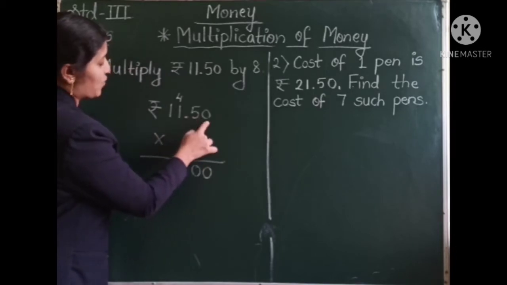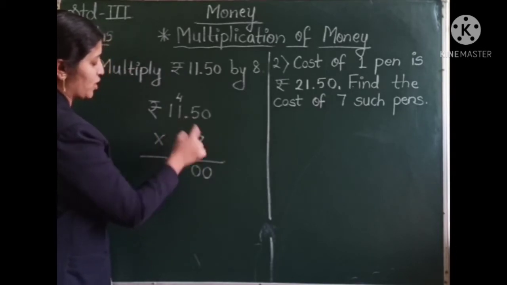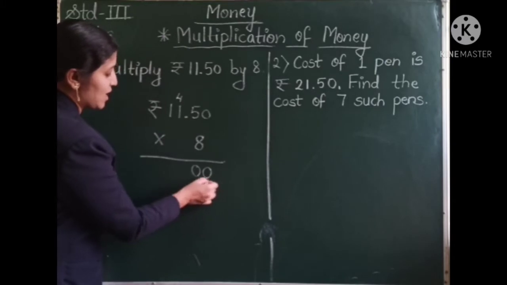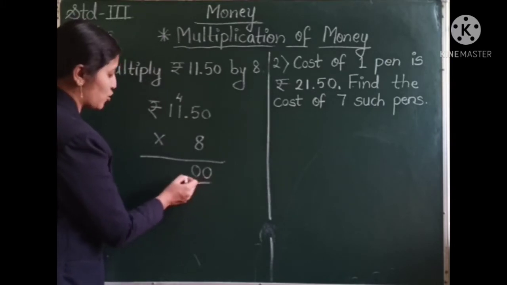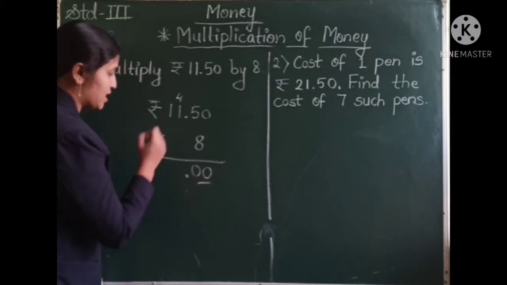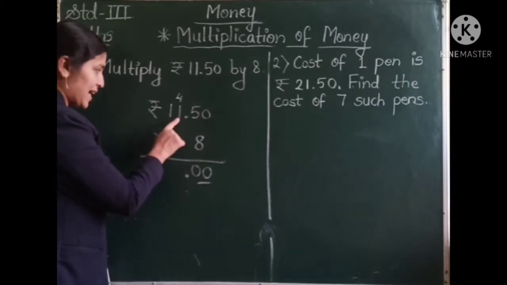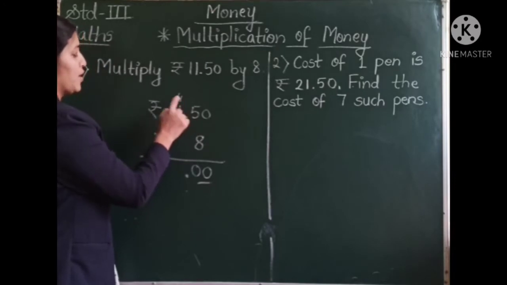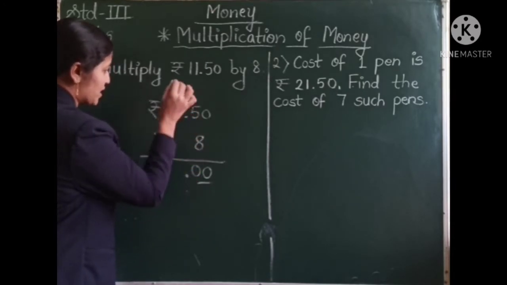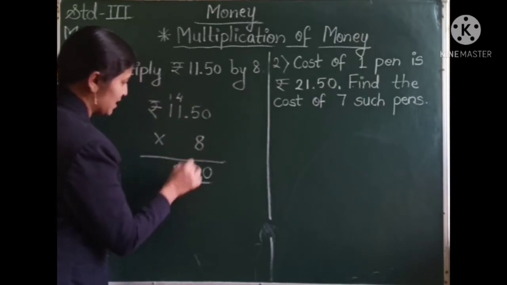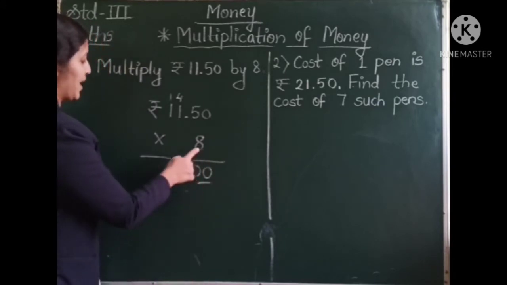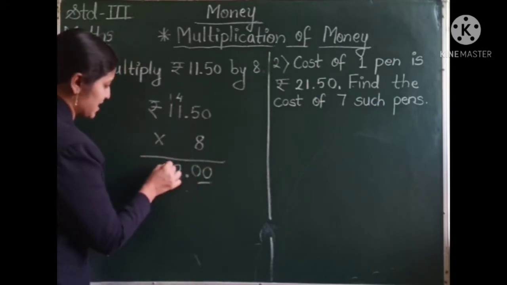You can see here after 2 digits we are having a dot here. So I will put here the 2 digits. They are 0 but they have taken the place of 2 digits. So a decimal point here. Then next 8 multiplied by 1. 8 ones are 8 plus this 4. It is 12. So 1 is carried forward here and 2 is written here. Now 8 ones are 8 and this 1 is 9.